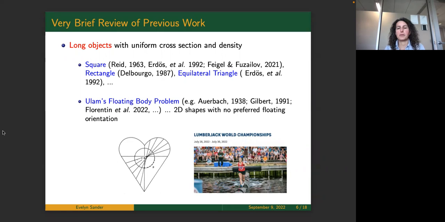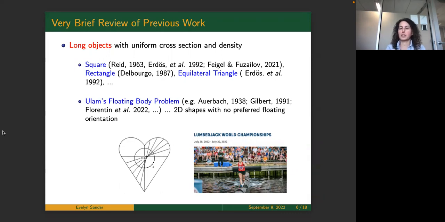And so one thing I want to point out is that Ulam had an interesting conjecture, or maybe posed a problem, not sure what the right way to say it is, asking what are the examples of two-dimensional shapes. So remember, this is long objects, so things like this, long objects which have no preferred floating orientation.